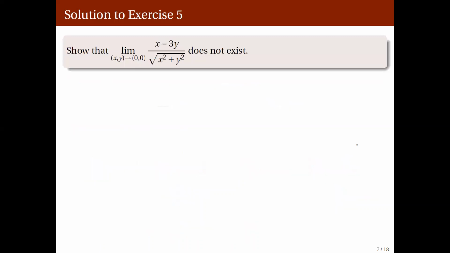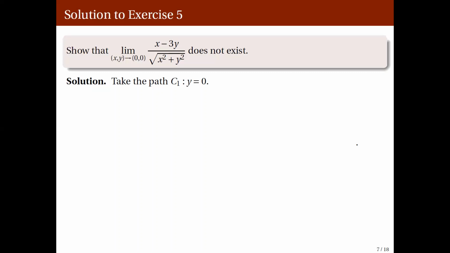Let's try now item number 5. We want to show that this limit does not exist. X minus 3y all over square root of x squared plus y squared. Okay? Let's take maybe this one. It goes through 0, 0, no?